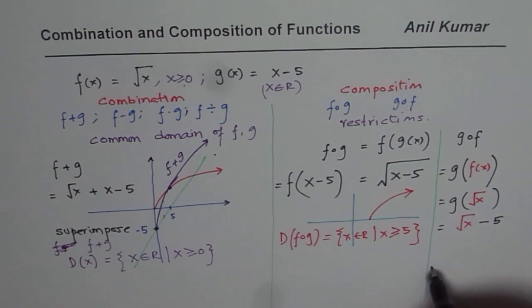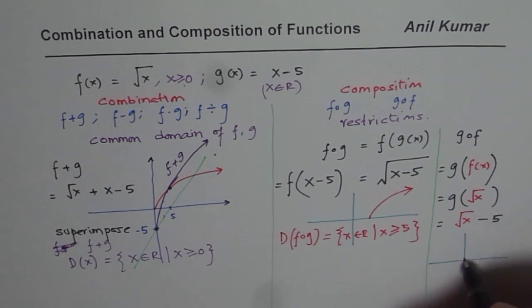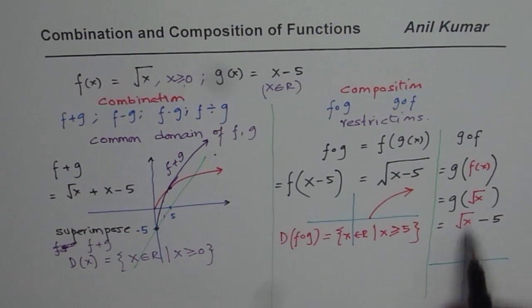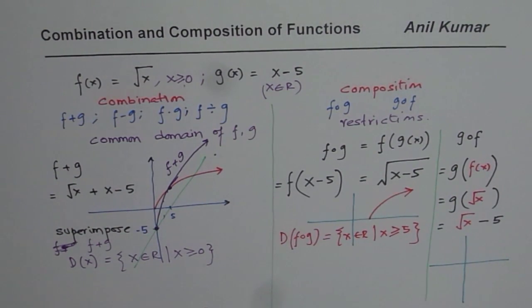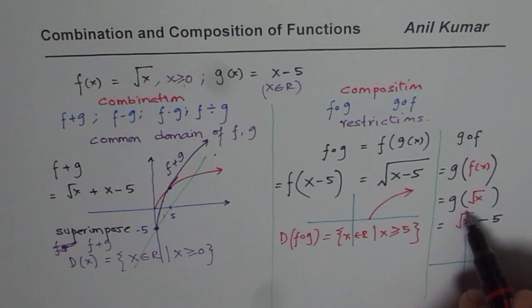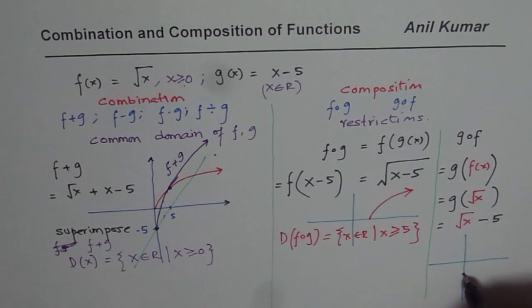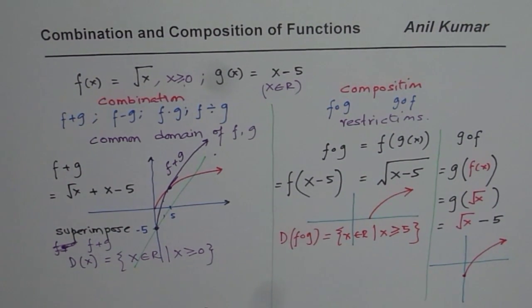Now in this particular case, what happens? If I want to sketch this function, I will sketch it as the square root function moved 5 units down, right? So it's kind of like this. It's moved 5 units down, and that is how the function will look. Do you see that part, right? So in this case, it is translated 5 units down, correct?